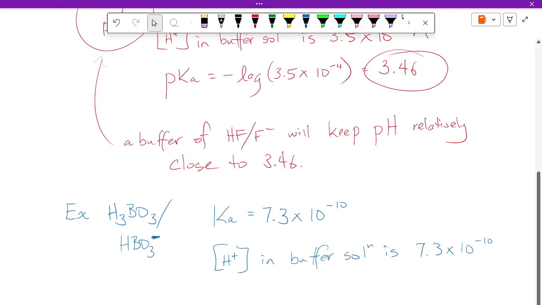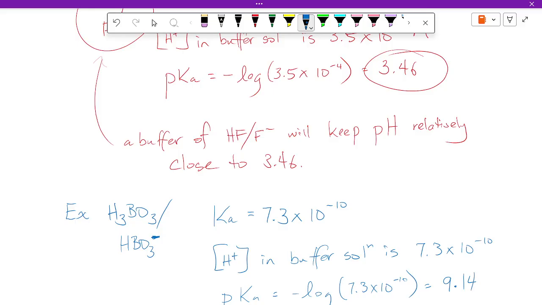And then our pKa is negative log of 7.3 times 10 to the negative 10, which is 9.14. So a buffer of boric acid and the dihydrogen borate ion will keep the pH close to 9.14.